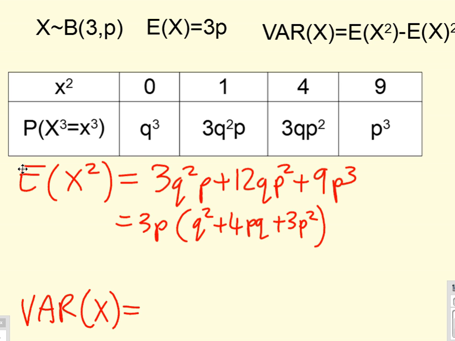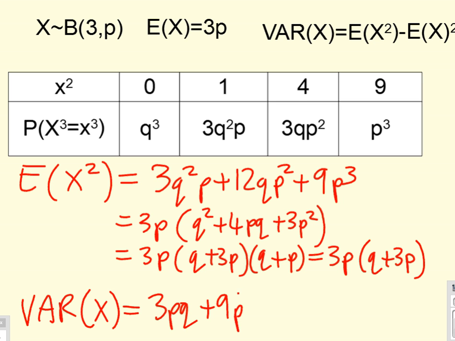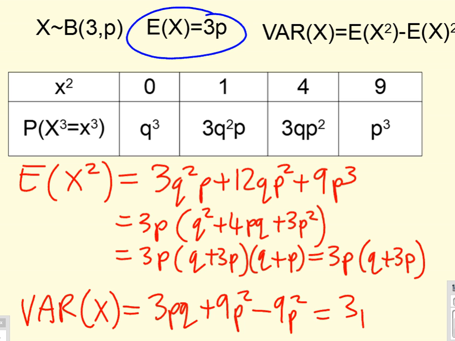Look at that closely, it's a quadratic in disguise. 3p times (q plus 3p), which is 3p(q plus p). Our old friend q plus p, which is 1. So we get 3pq plus 3p. Therefore, the variance, if I multiply that out, I get 3pq plus 9p squared minus this squared, 9p squared, and that's 3pq.